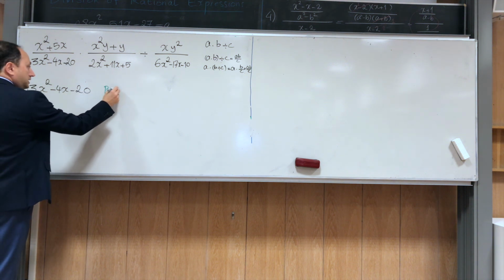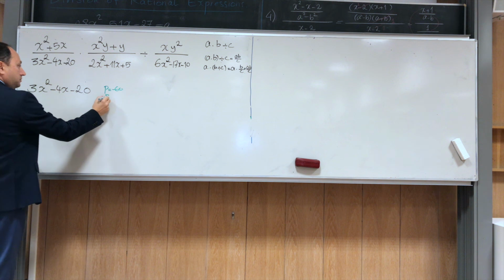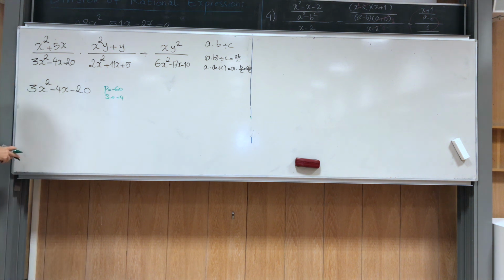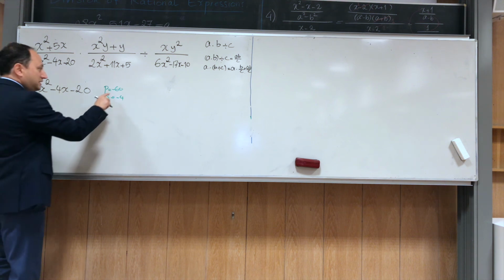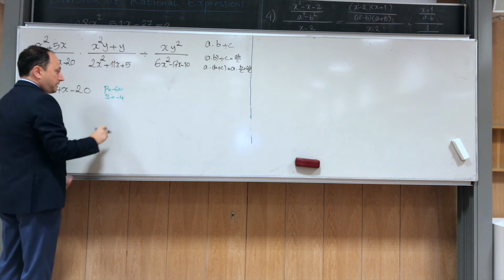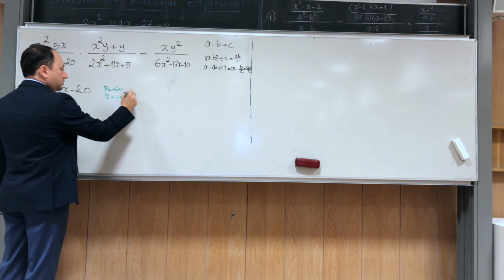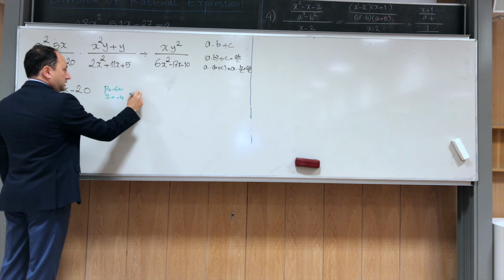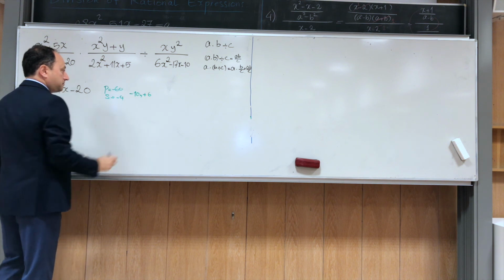So the product is minus 60. The sum is supposed to be minus 4. Yes, so I think it's not that hard to guess. The product is supposed to be minus 60. The sum is supposed to be minus 4. So the answers are minus 10 and positive 6.